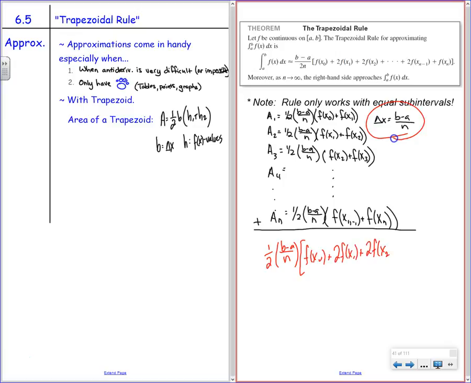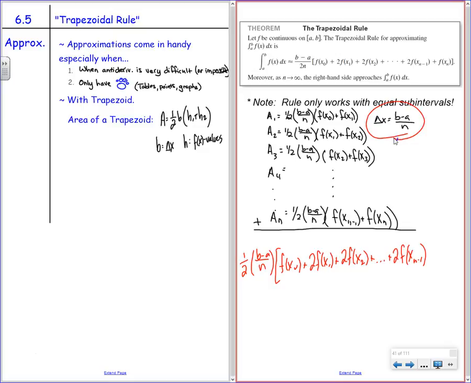I'm basically summarizing what the rule says up above. Which is a great rule and all, it's just not very practical for the AP exam, which is why I just stick with the basics of the area of a trapezoid.